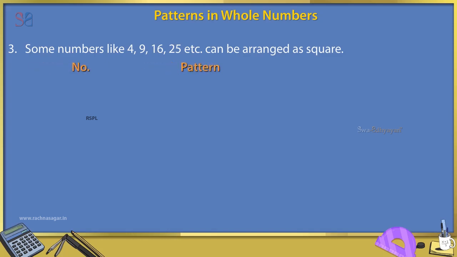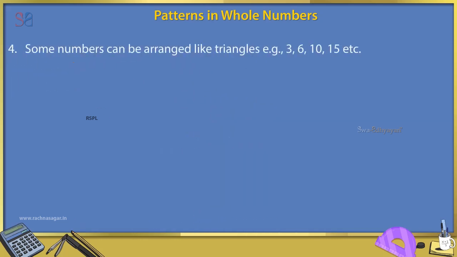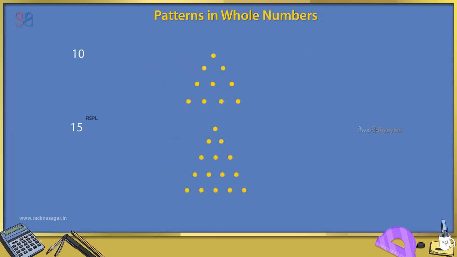Number, pattern, 4, 9, 16, 25. 4. Some numbers can be arranged like triangles. Example: 3, 6, 10, 15, etc.